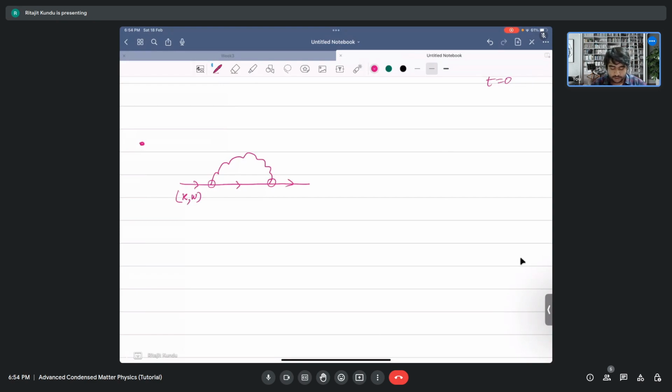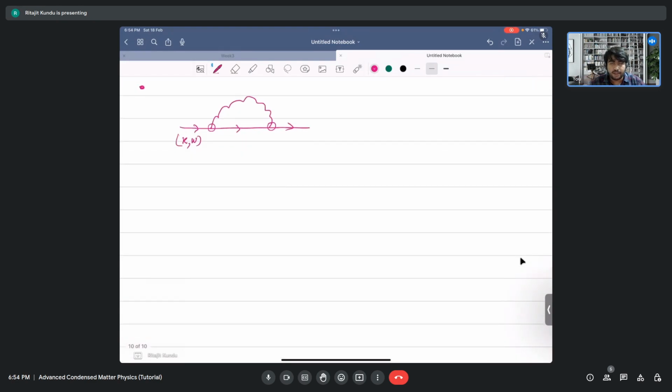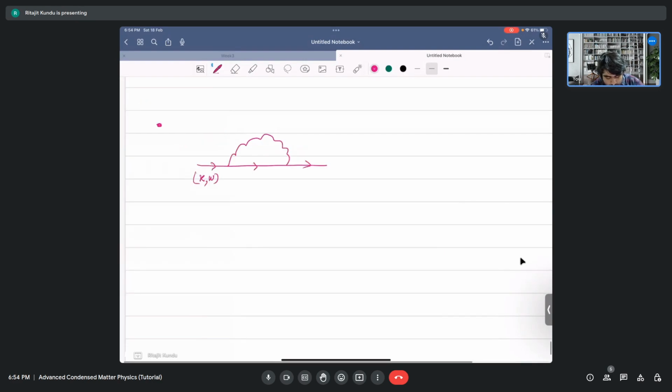Yes. Okay. So we are trying to write this Feynman diagram. Each of these lines represents a Green's function, and they have a well-defined momentum and energy or frequency. At each of these vertices you have to conserve momentum and energy. So how do we do that?